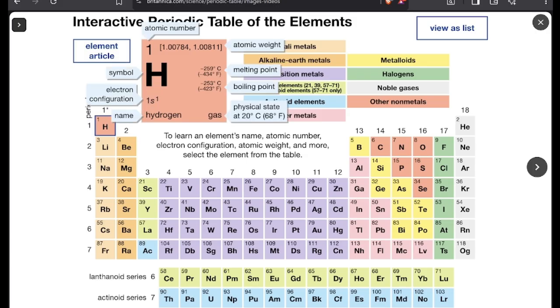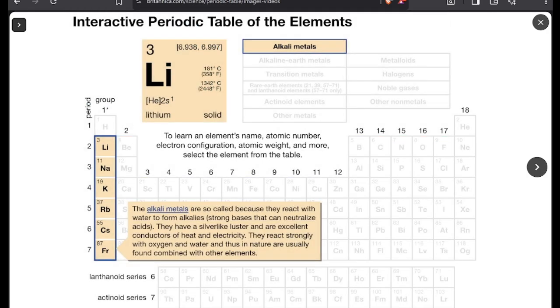And if you want to also learn about different properties, for example, if I click metal here, alkali metal, we can say the elements in the first group are called alkali metals, and the property of these alkali metals is that when they react with water, they form alkalis, and alkalis are strong bases that are capable of neutralizing acids.